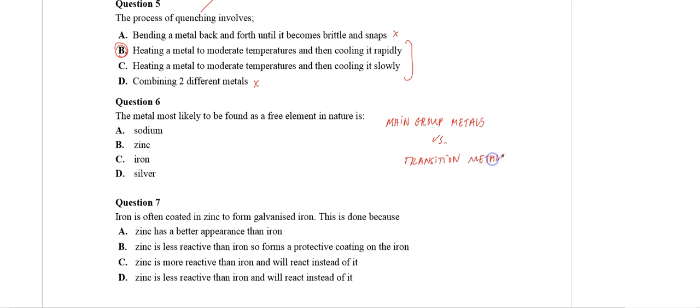And in fact, it goes a bit further than that, and it looks at some of the relatively inert metals. So inert meaning they're not very reactive, they have very mild properties.